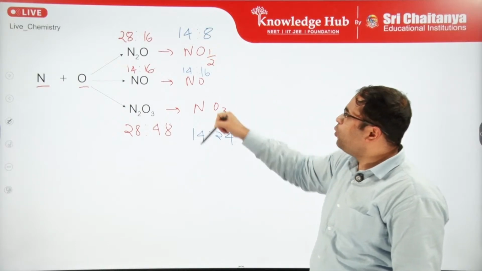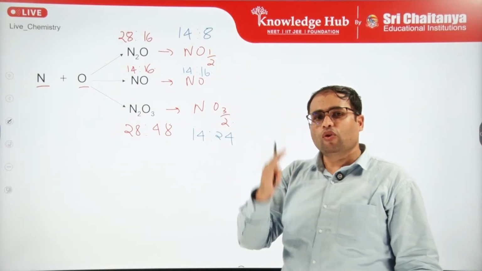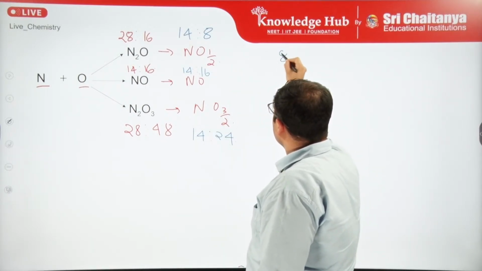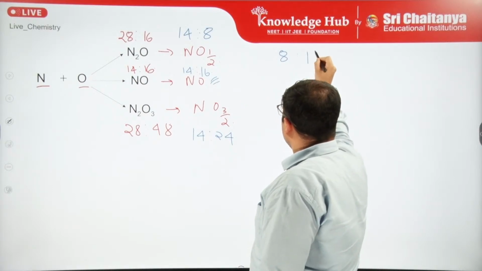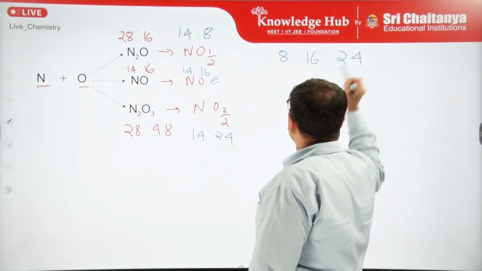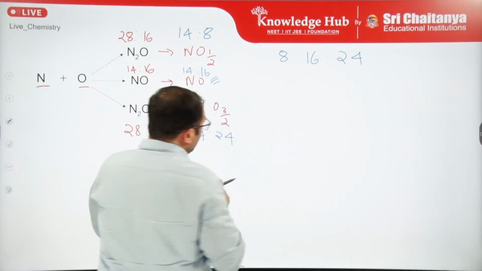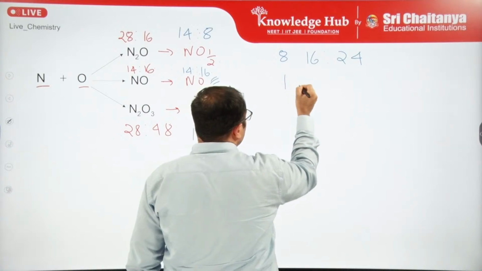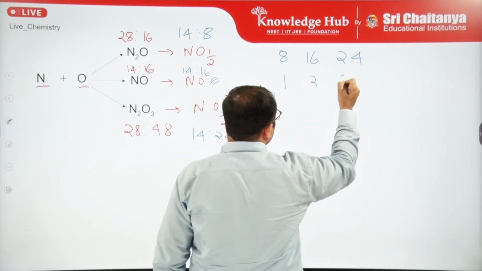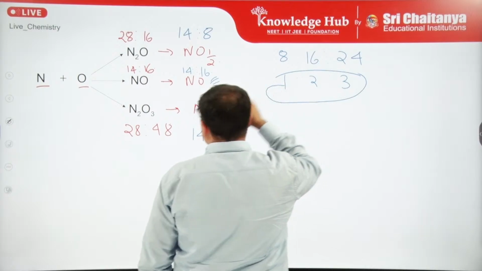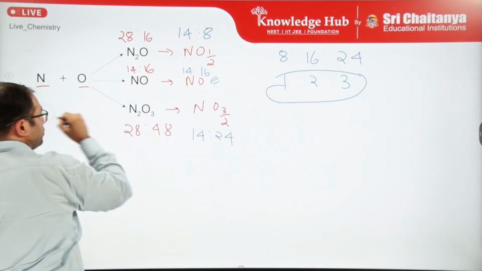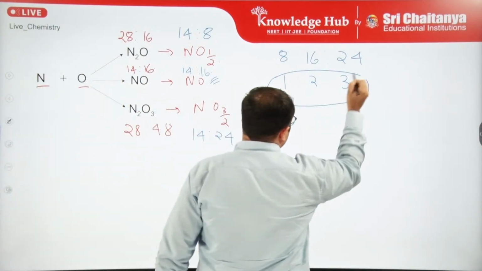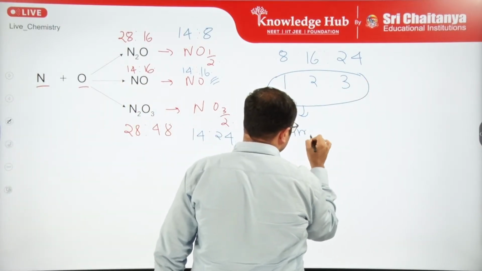Now I have fixed the mass of one element. Then I move my concentration to the other element and take a ratio. So the ratio will be 8, 16, 24. Divide completely by 8. What ratio will you get? 2 is to 3. Check whether this is a simple whole number ratio or not. This is a simple whole number ratio.